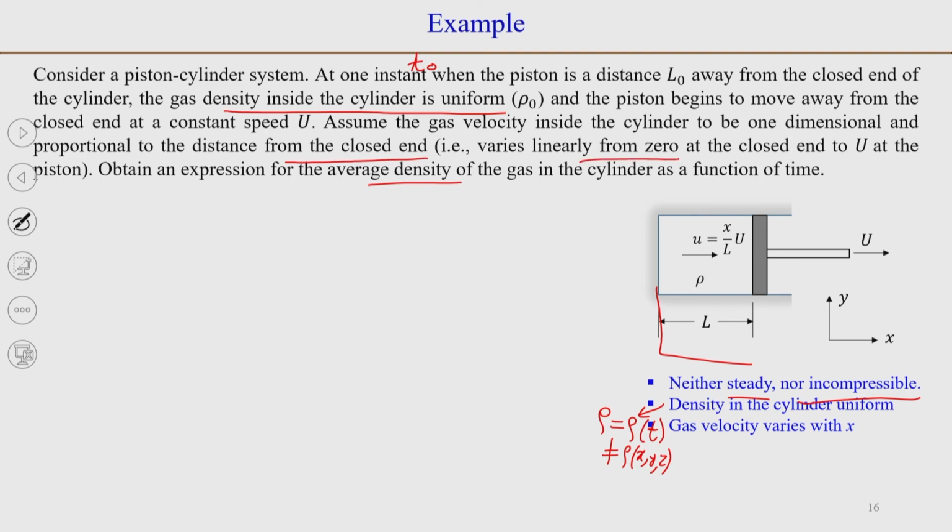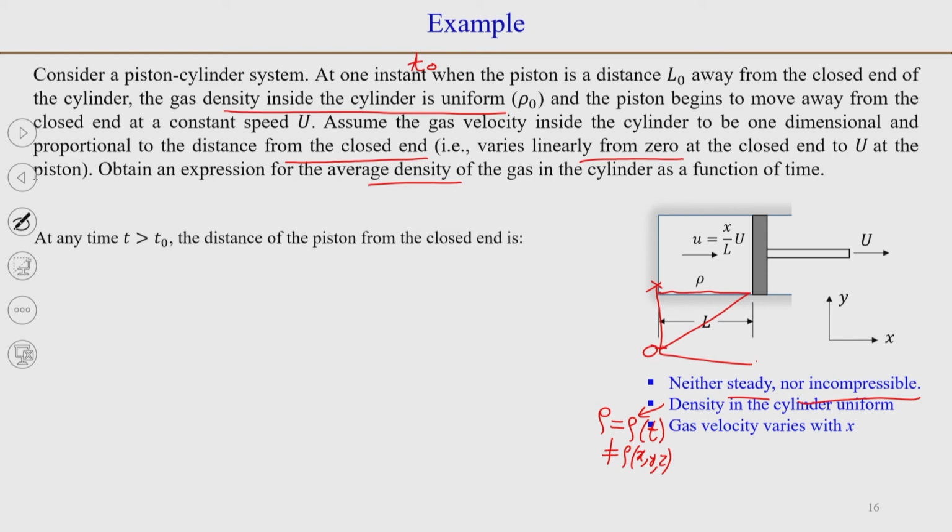It varies linearly from 0 at the closed end. So, the velocity is 0 at this end, and it varies up to the piston. At the piston, it will be equal to the piston velocity.